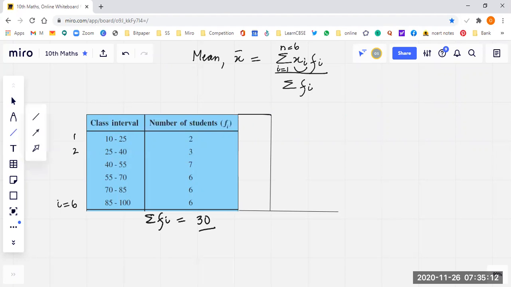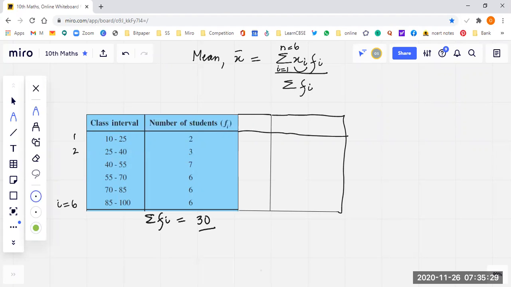We'll simply draw with the pen. So this will be xi, and this will be xi fi, right students? Now xi is, see this interval students. In this interval, this 10 is known as the lower limit.